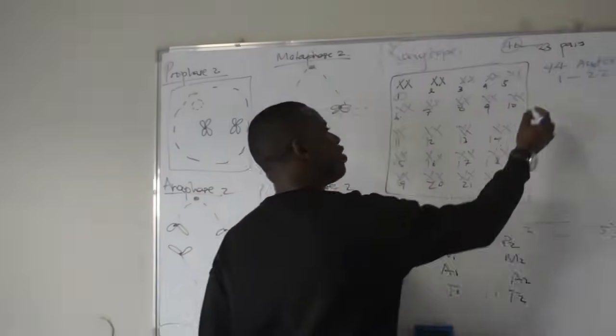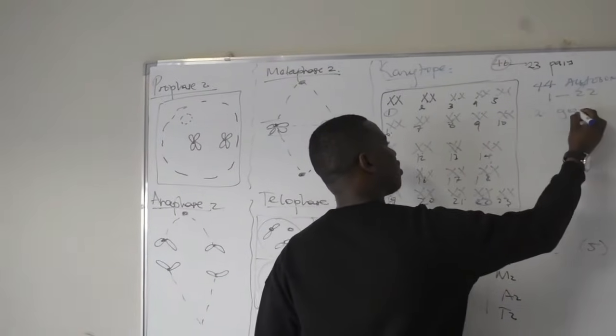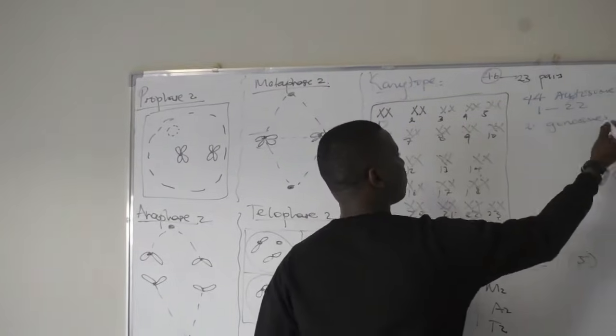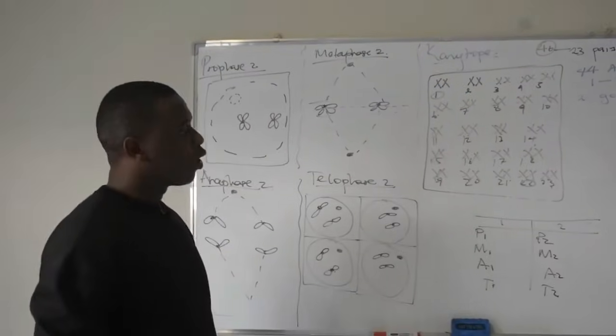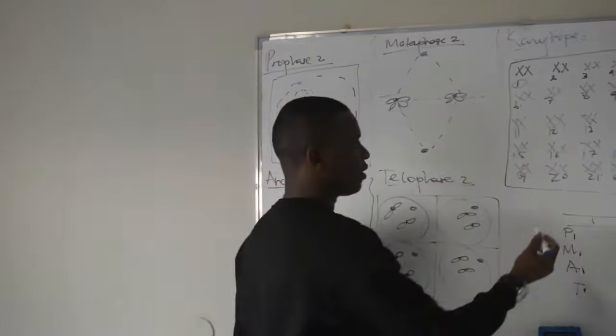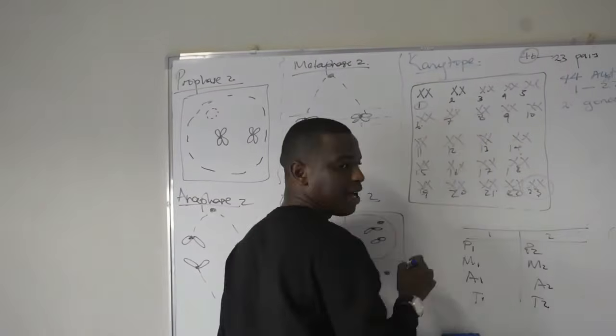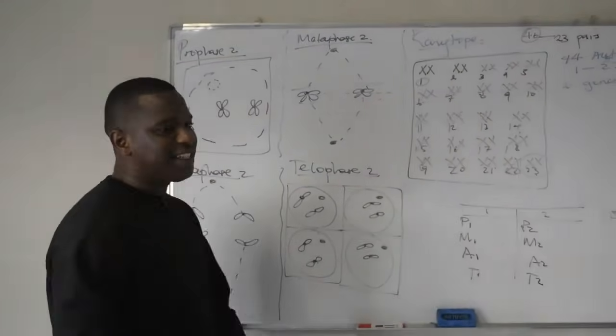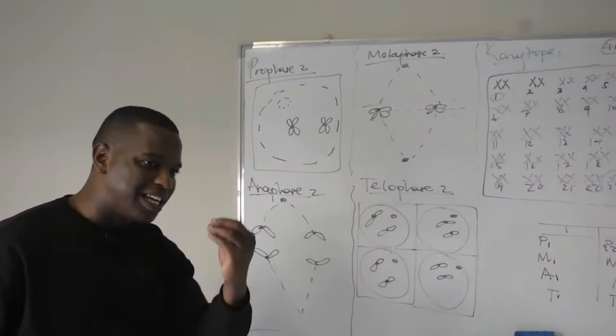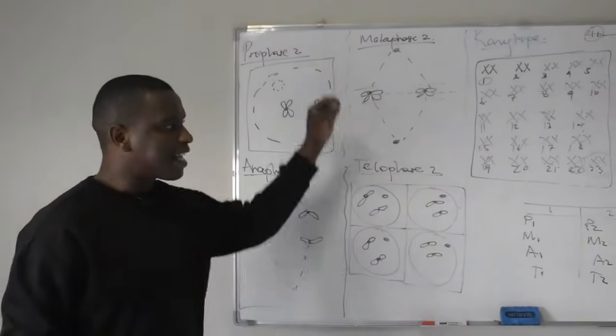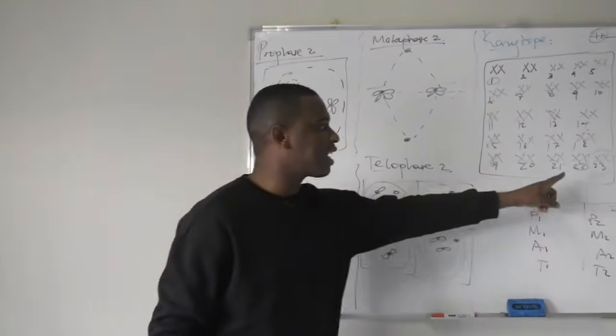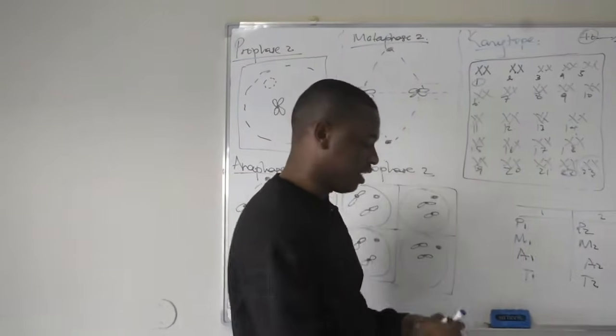And I said you have 2 gonosomes, right? Gonosomes, pair number 23. So this is where you are going to see the gender in the karyotype. You're going to see the gender in karyotype in chromosome number 23.